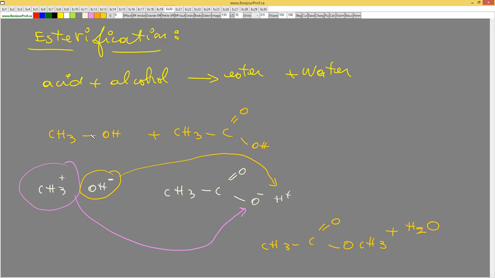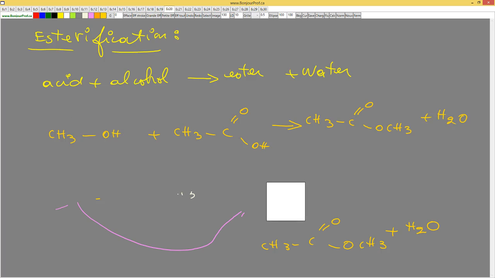In the alcohol, this bond will be broken, and in the acid, this OH will be broken, not this O, it is this H here. And we have double displacement. So it will give me CH3COOCH3 plus H2O. This one is an ester.